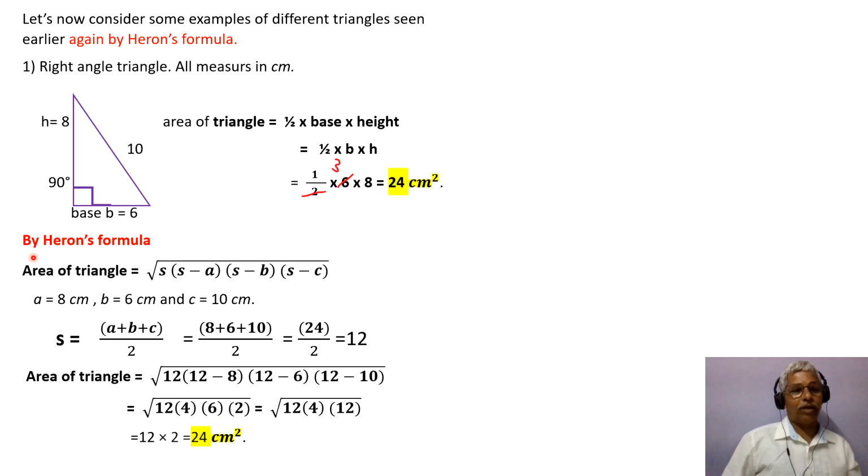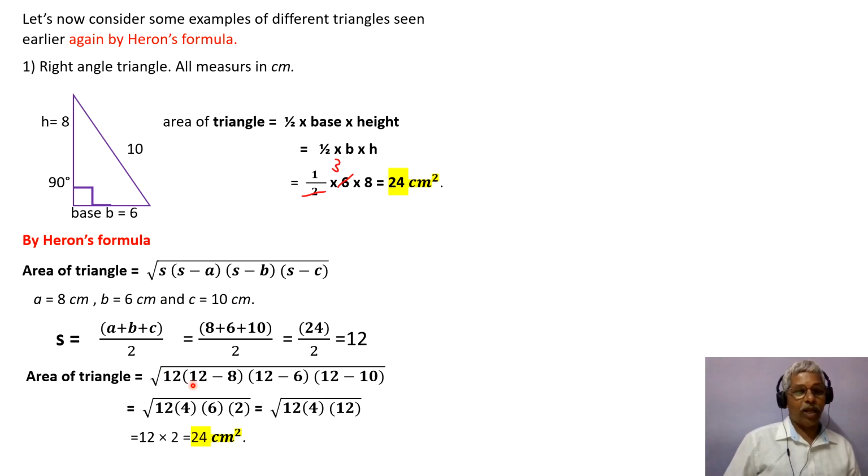Now by Heron's formula, area of triangle equals root of s into (s minus a) into (s minus b) into (s minus c), where a is 8, b is 6, and c is 10. Find s first. S equals (a plus b plus c) upon 2, that is (8 plus 6 plus 10) upon 2, which is 24 upon 2, equal to 12. Now substituting this in the formula, we get area of triangle equals under root 12 into (12 minus 8) into (12 minus 6) into (12 minus 10).